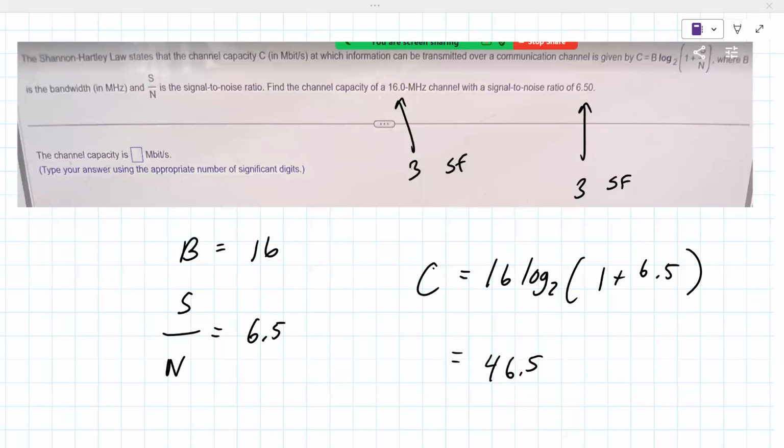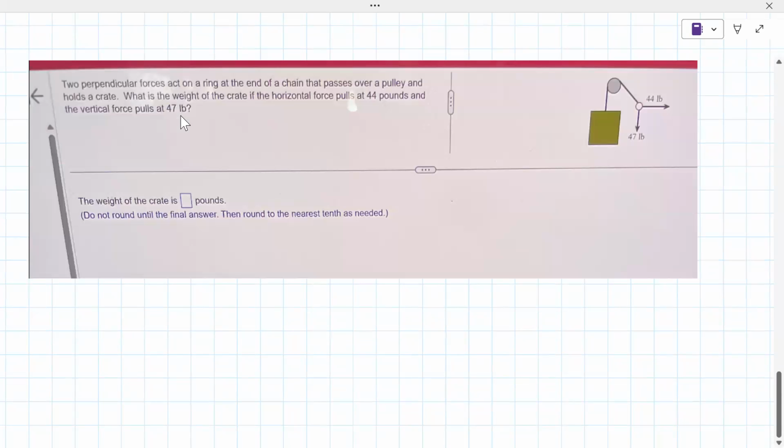The weight of the crate is... all right. Two perpendicular forces act on a ring, end of the chain that passes over a pulley and holds a crate. What's the weight of the crate if the horizontal force pulls at 44 pounds and the vertical force pulls at 47 pounds?